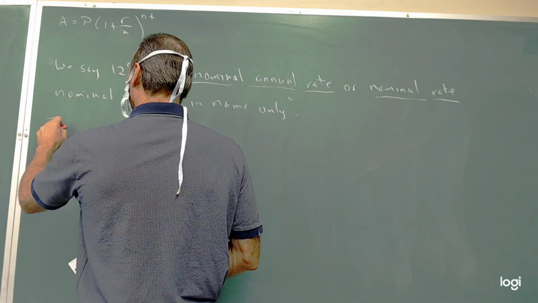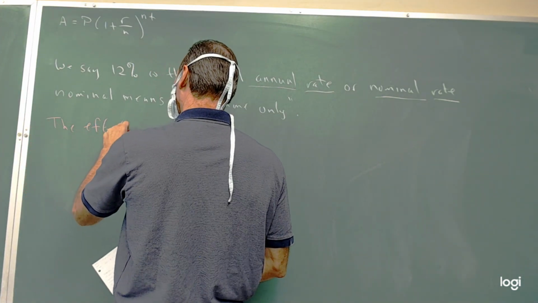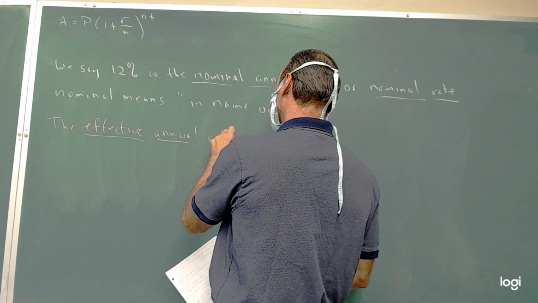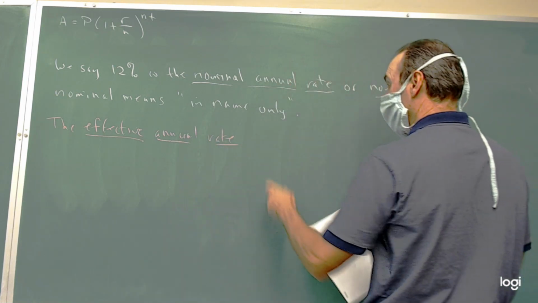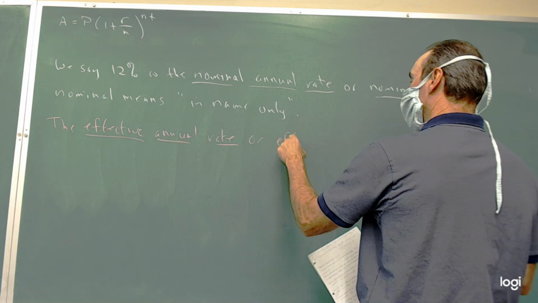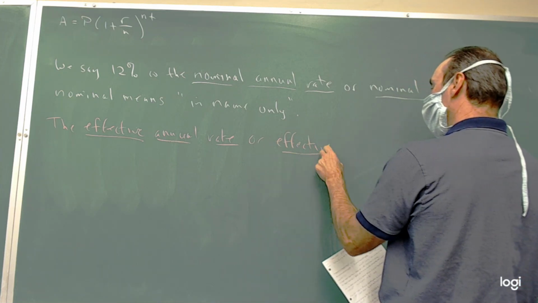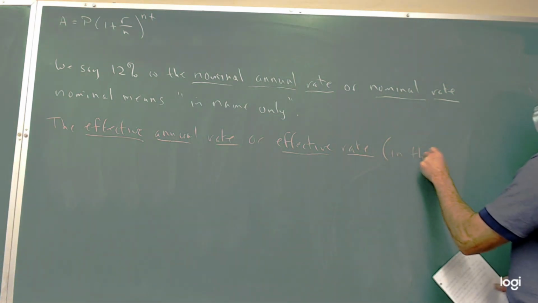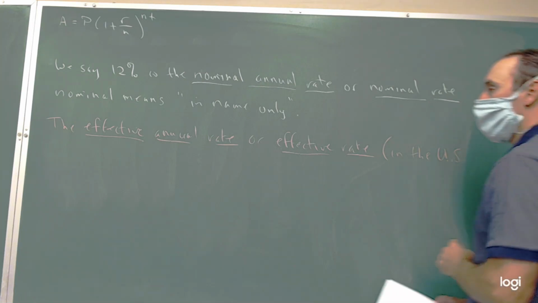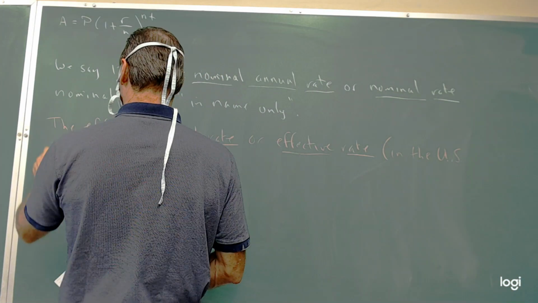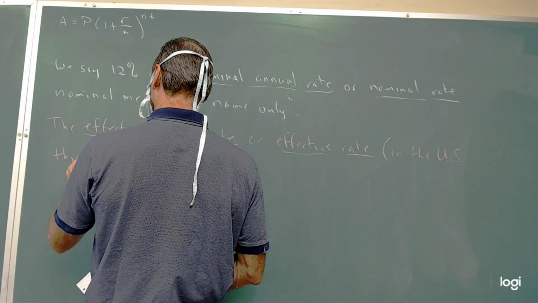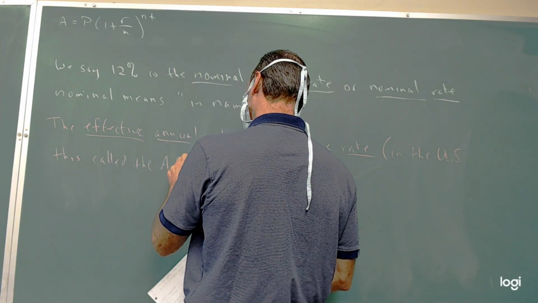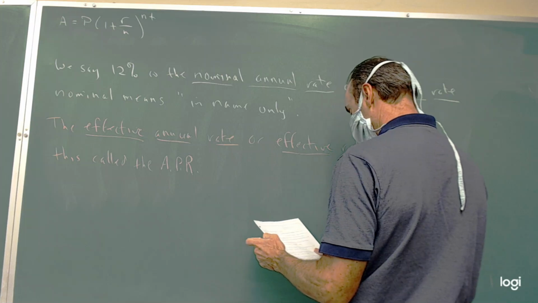So we say the effective annual rate, or sometimes we just call it the effective rate, again leaving out the annual part, but understanding that we mean per year. And in the United States, this effective rate is called the APR. And the APR stands for the annual percentage rate.